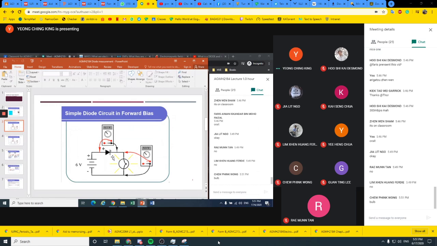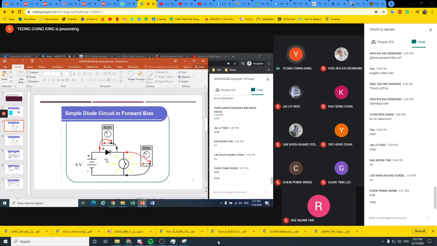terminal. So this one is a very simple test to check whether your diode is functioning or not, or your connection is correct or not. If you connect your diode in this way, what will happen? The positive terminal connects to the anode, then negative connects to the cathode. So your diode will be in forward biasing.